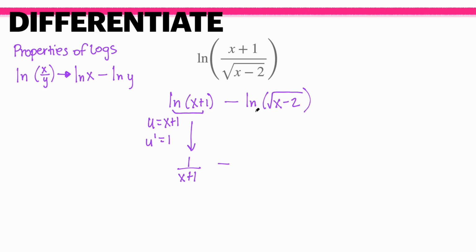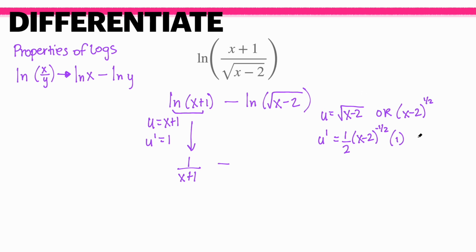Now I'm going to take the derivative of this. U is going to be the square root of x minus 2, or you can think of it as x minus 2 raised to the 1/2, which means u prime is going to be 1/2 times x minus 2 raised to the negative 1/2. And then you have to take the derivative of the inside, but the derivative of x is just 1, so you don't have to necessarily keep it.